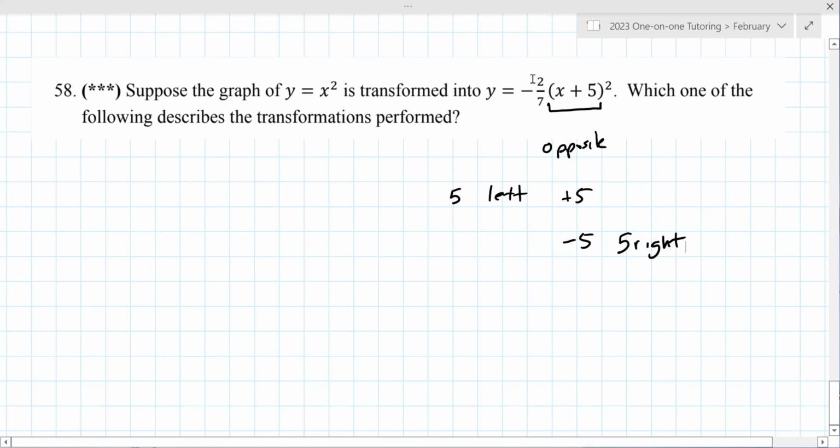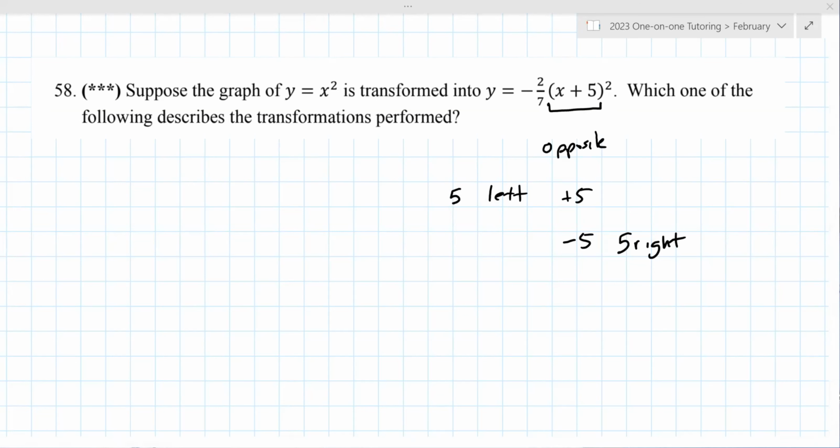The outside part's pretty intuitive. Like 2/7 manipulates it, because it's less than 1. This is considered an a value. When it's between 0 and 1, it's a compression, and when it's greater than 1, it's a stretch.